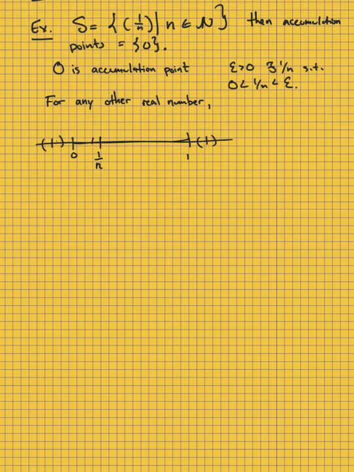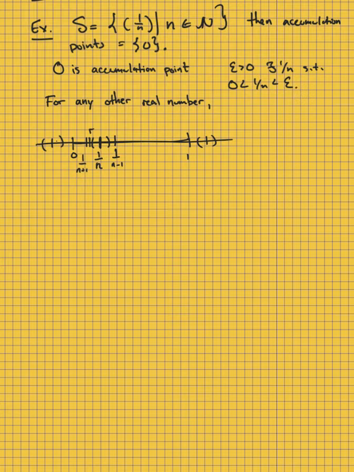Again, I'm going to be able to find a small enough neighborhood which misses 1 over n minus 1 and 1 over n plus 1. Okay? And since, again, when we look at accumulation points, we remove the middle point, that doesn't count in our intersection.